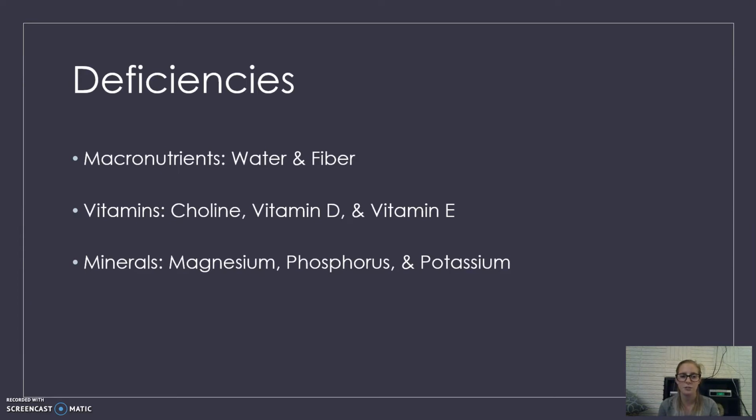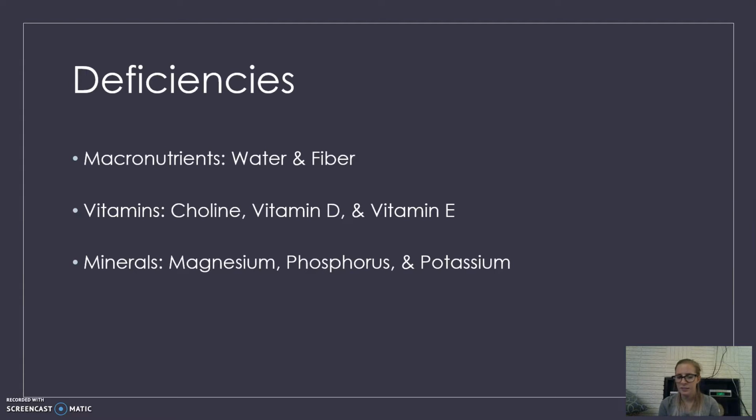Her vitamins, she was deficient in choline, vitamin D, and vitamin E. With choline deficiencies, we see some issues with lymphocytes, the kidneys, the liver, and some studies have even seen spontaneous carcinomas, cancers, from low choline intake. She can fix this by getting more animal products like lean meats, low-fat dairy, eggs, things like that, in moderation, to kind of bring that up.